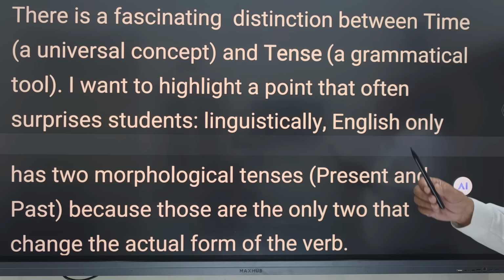English has two morphological tenses. What we have been taught in our classes, when we were students, is that there are three tenses, but morphologically English has only two tenses, present and past, because those are the only two that change the actual form of the verb.